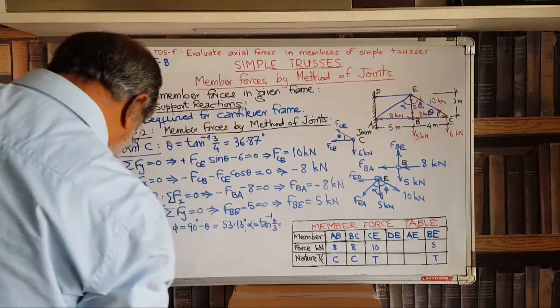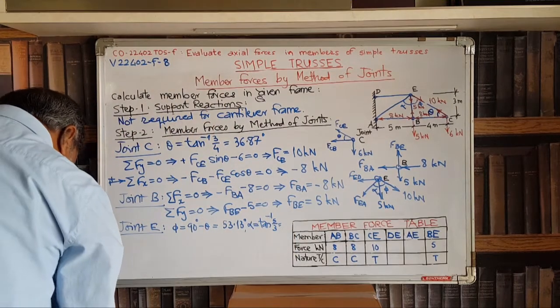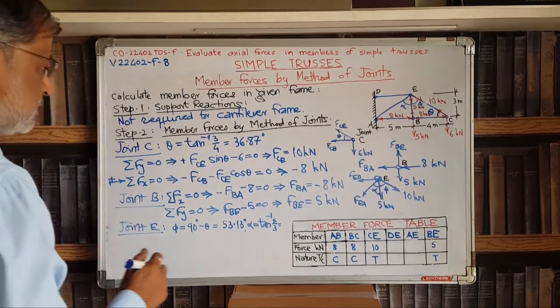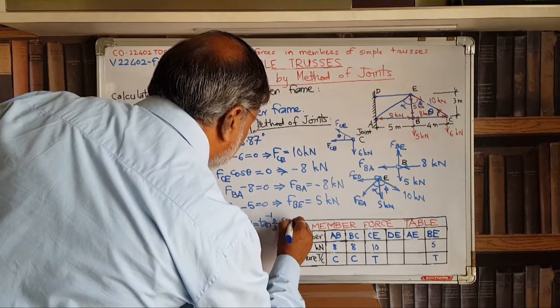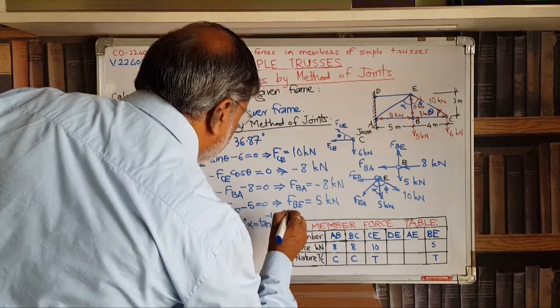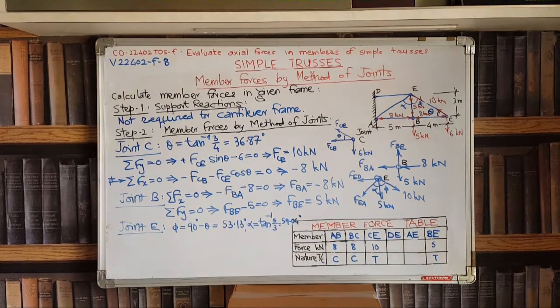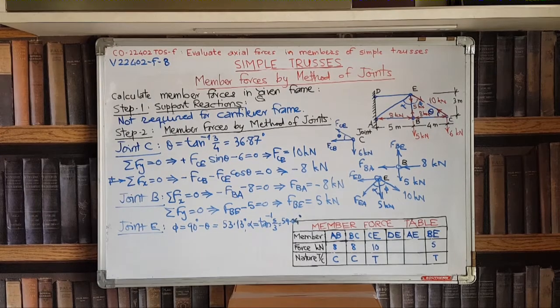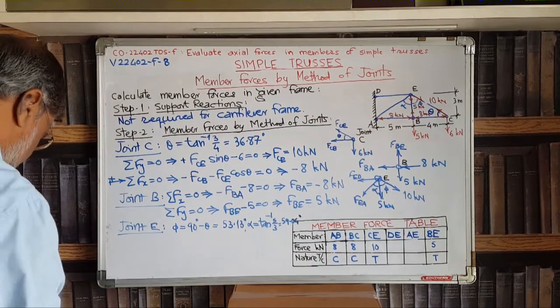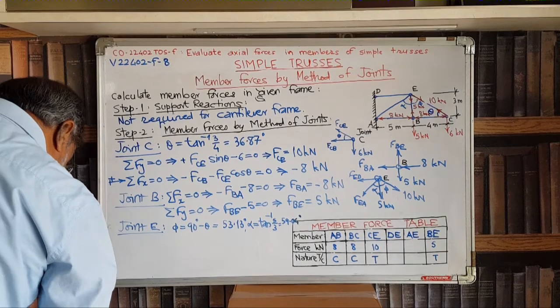So this angle happens to be 59.04 degrees. Once we have calculated these basic angles from the trigonometry of the frame, we will apply the conditions of equilibrium.